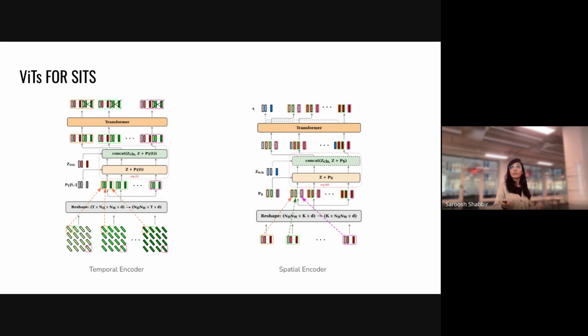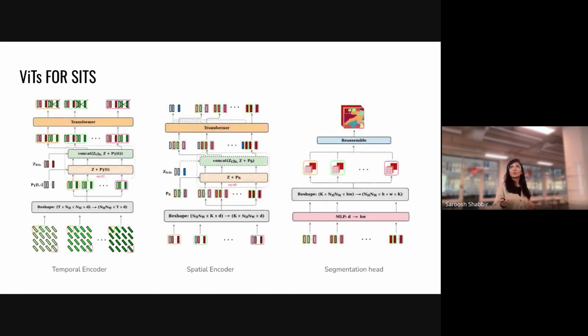The output of that is then, for example, passed on to the segmentation head to be able to segment what the different patches have inside, which is then reassembled. So basically, this is the difference from the basic vision transformer in that it's extended in the temporal dimension. So you've added another transformer encoder for space and time.